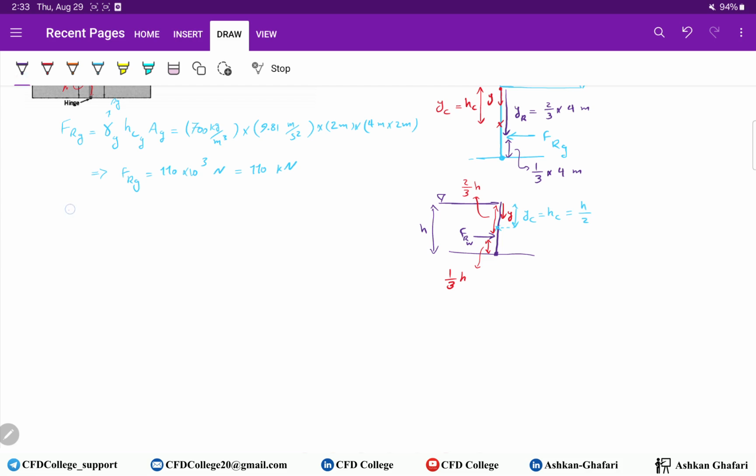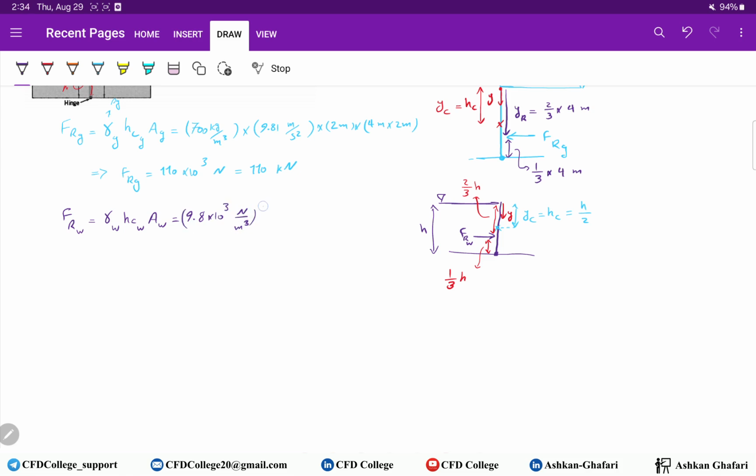Now you can find FRW. It equals gamma of water, HC of water, and area of the gate which is in contact with water. So water has the gamma of 9.8 times 10 to the power 3 Newton per cubic meter.